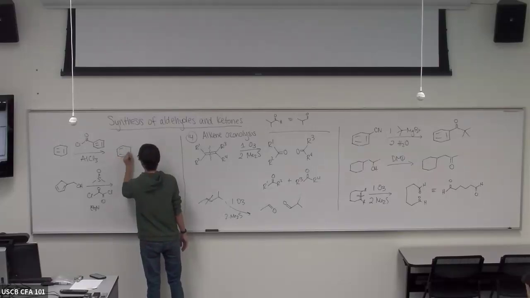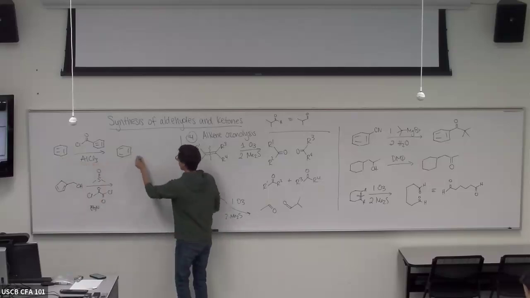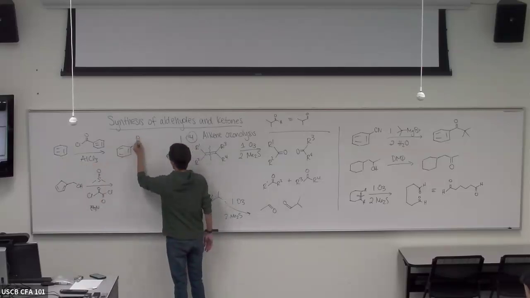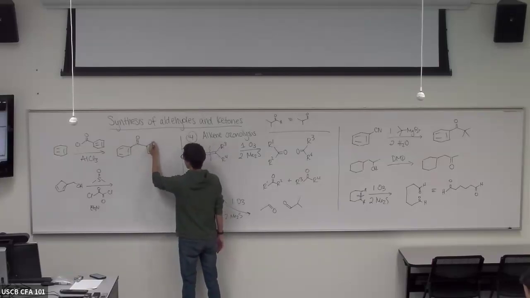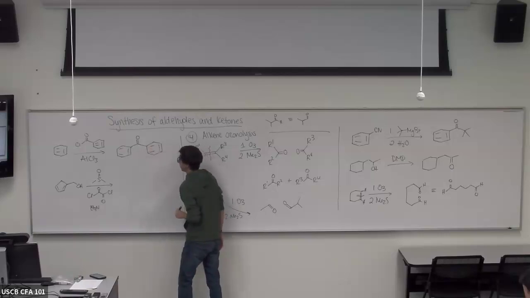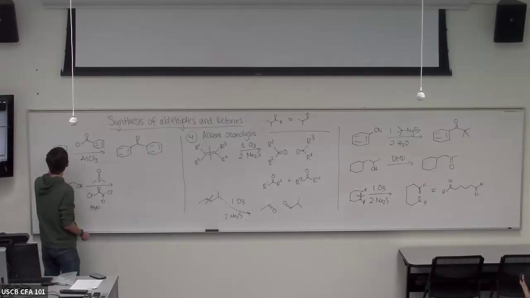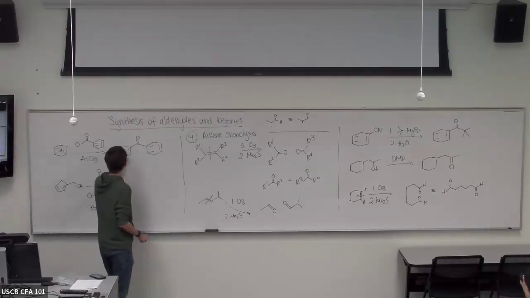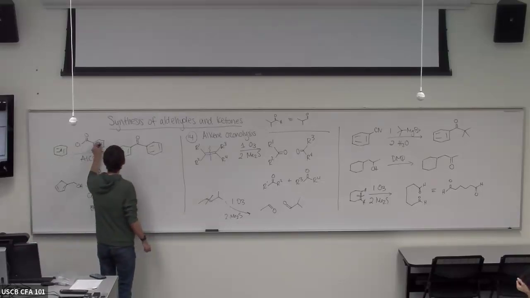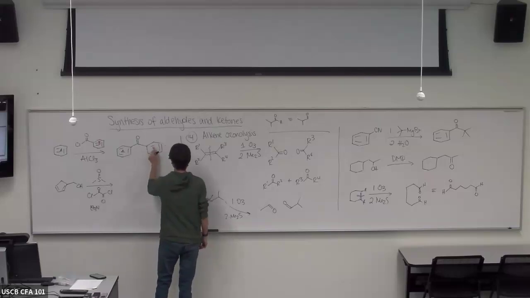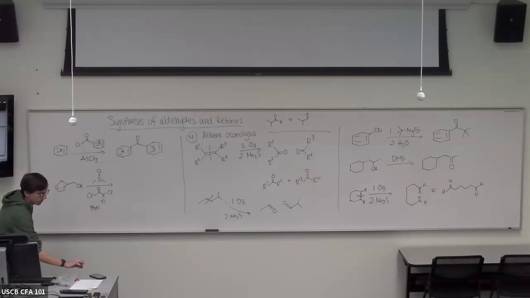So here's our original benzene ring, carbonyl, and whatever was attached to the carbonyl, in this case another benzene ring. If this is ring A, this is ring A, and if this is ring B, this is ring B. Of course, it's symmetrical here, so it doesn't matter.